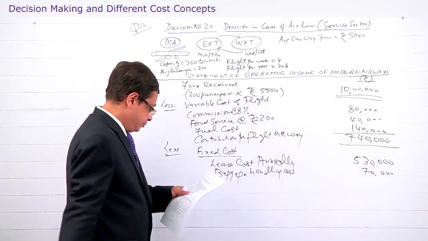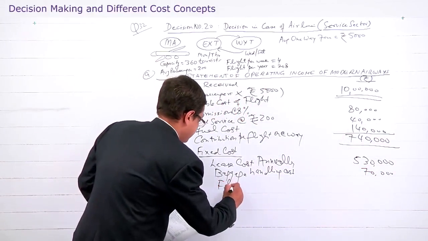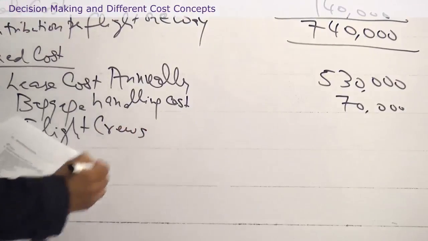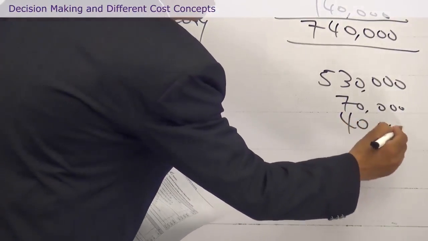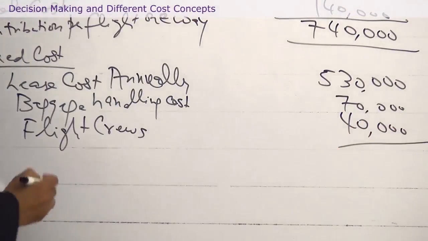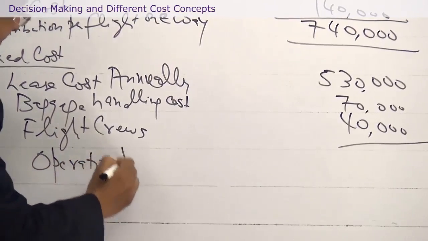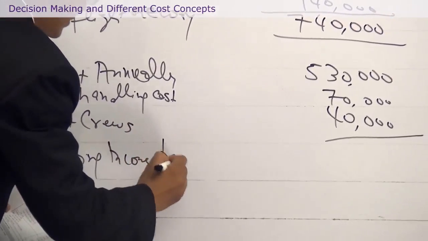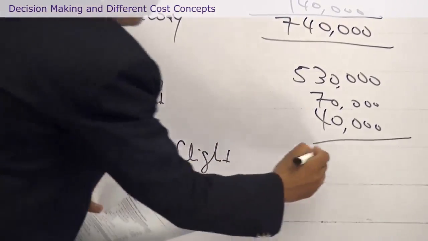Further, you have your fixed salary of flight crew, which works out at rupees 40,000. So operating income per flight is 1 lakh rupee.